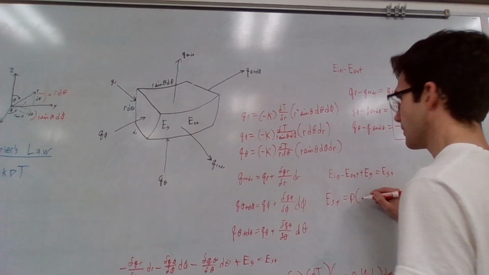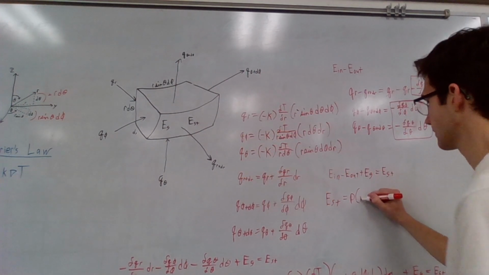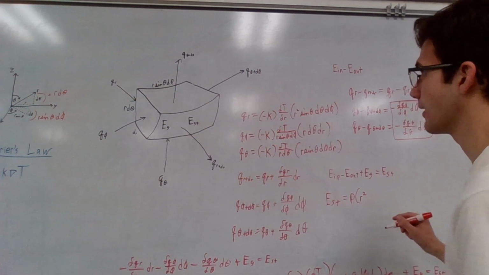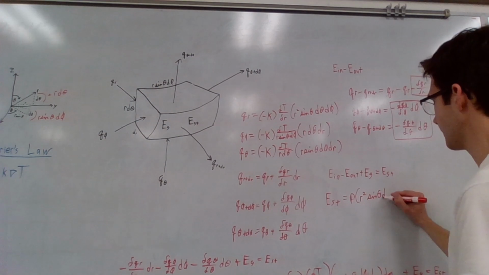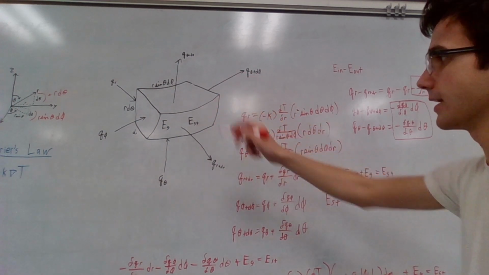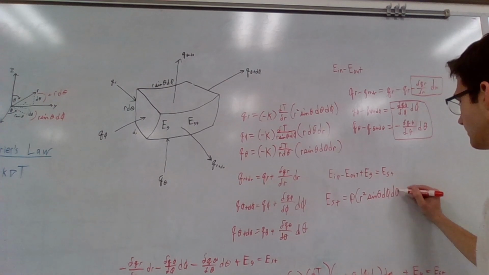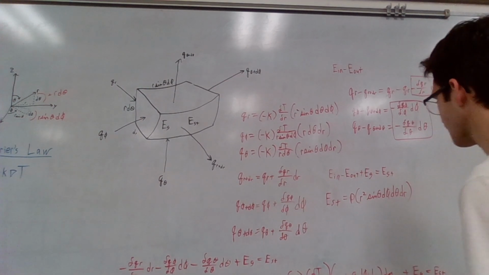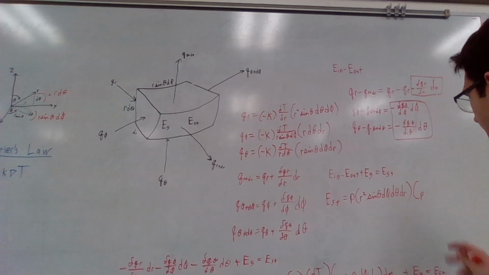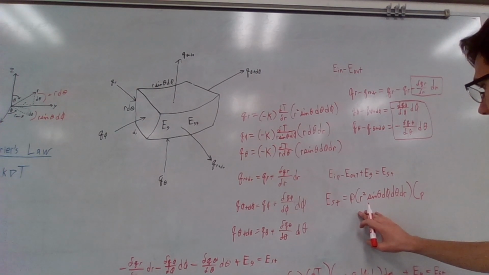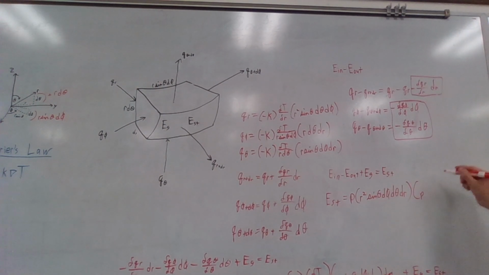So that's going to end up being r squared sine of theta times d phi, and then d theta dr, times some heat capacity Cp. So this is our mass times some heat capacity Cp. And of course, now the only thing left is our gradient of temperature, which is just our change of temperature with time. All right, simple enough.